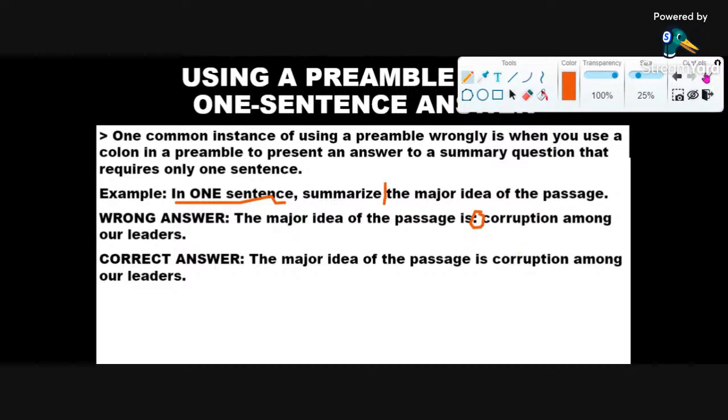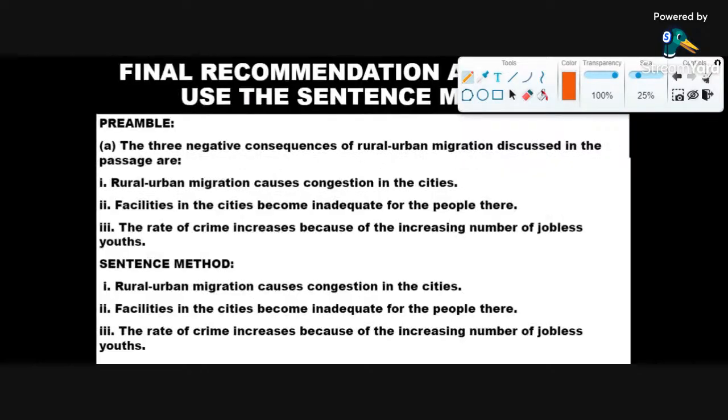Now, having given this explanation, let's move on to probably the last point I would like to make here. And that is my final recommendation on how to use the sentence method. What is my recommendation?